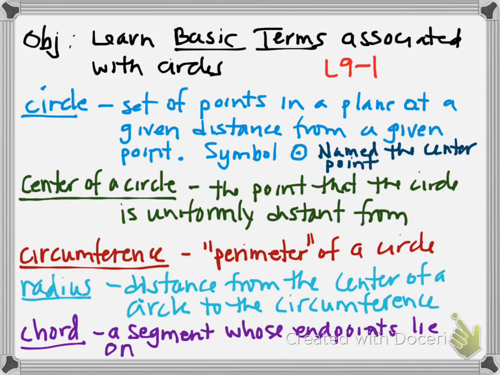So what part of the circle would they be on? They would be on the circumference, okay? So if you've got a circle and you've got 2 points that are on the circle, where's that line?